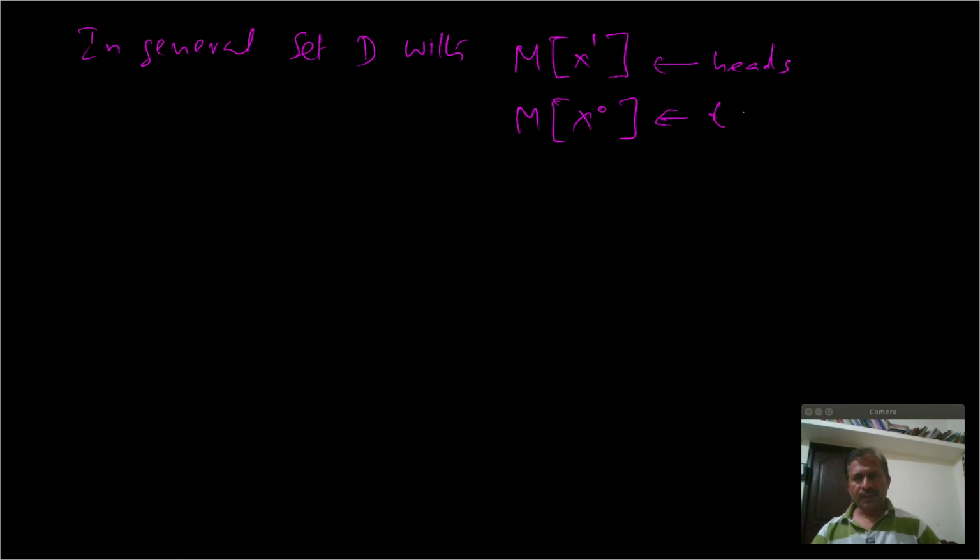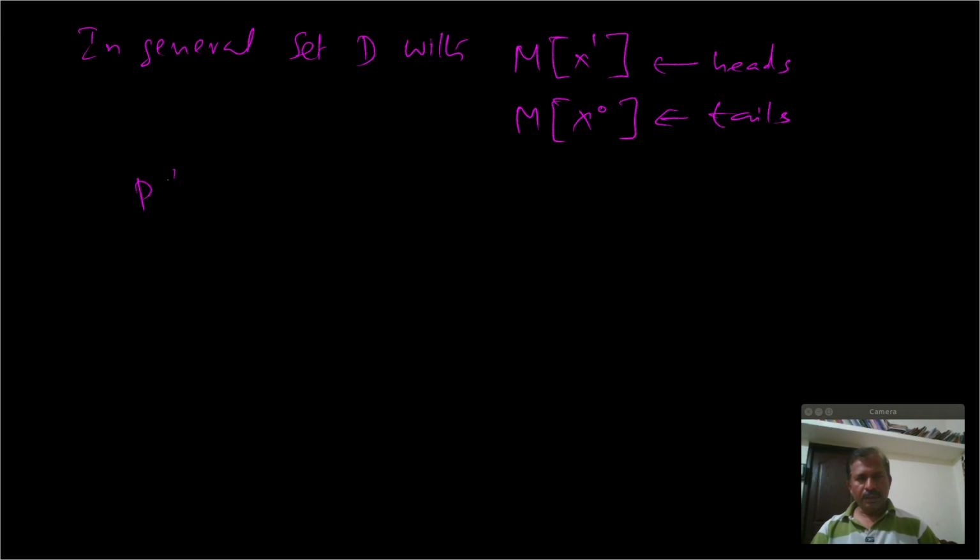So the set D, this is our data instances, with m of x1 being the number of heads and m of x0 the number of tails, right?